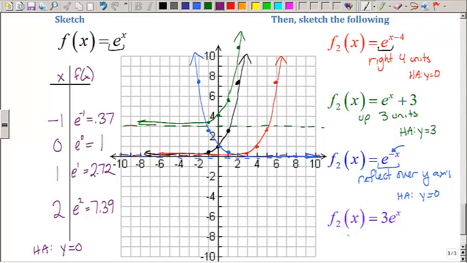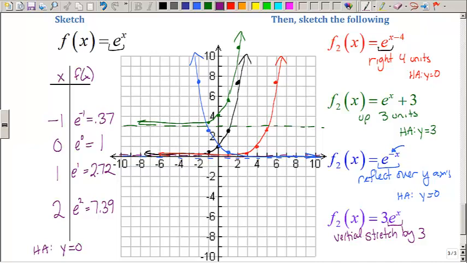On my last graph, the purple one, f of x equals 3 times e to the x, notice I still have my same parent function. I'm still using that same black parent function, but this time I'm multiplying by 3, which tells me that my black function is going to be stretched by a factor of 3, and that's a vertical stretch. So all of my y values, or f of x values, are going to be stretched or multiplied by 3.